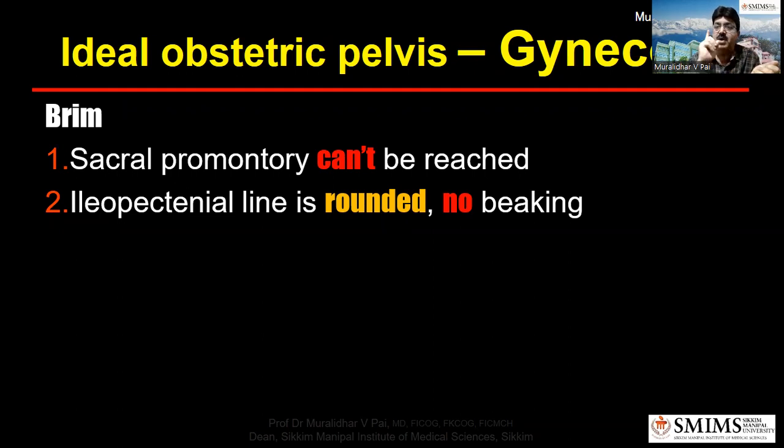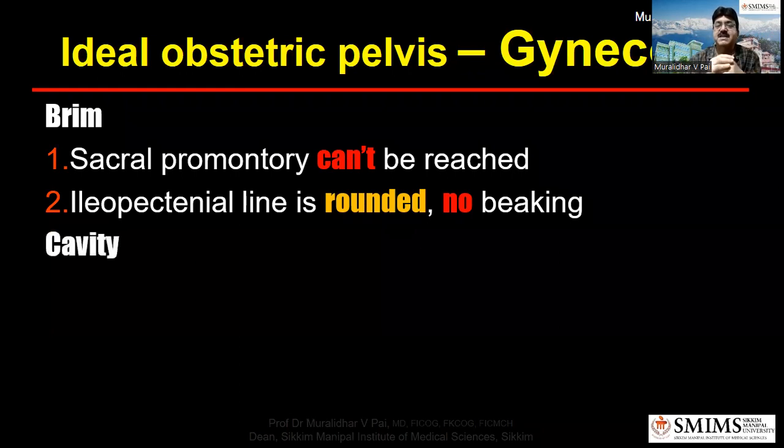In that, if you ask me one point, that sacral promontory, you should never be able to touch. So that is a good inlet. Then we have to go to the cavity. There are several points. Again, I will not jump. I just finished sacral promontory. I just went around and came back to sacral promontory.